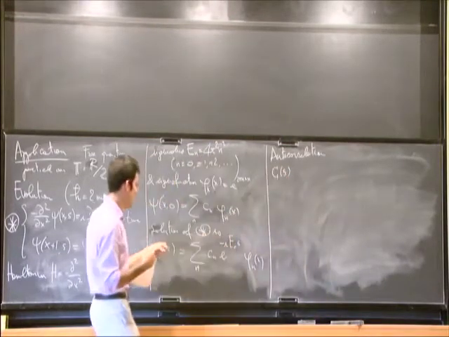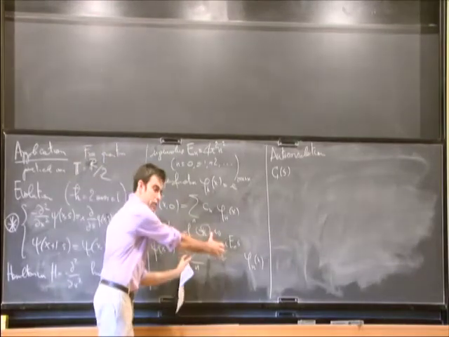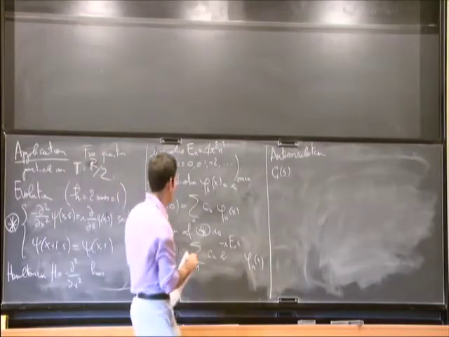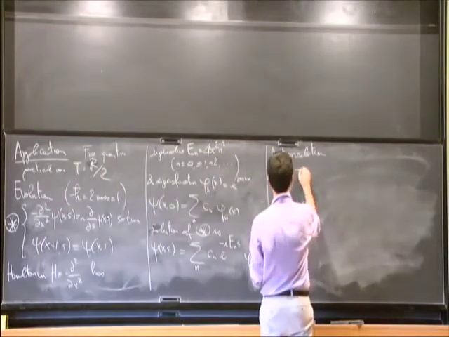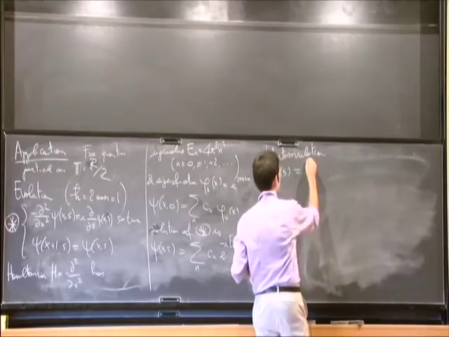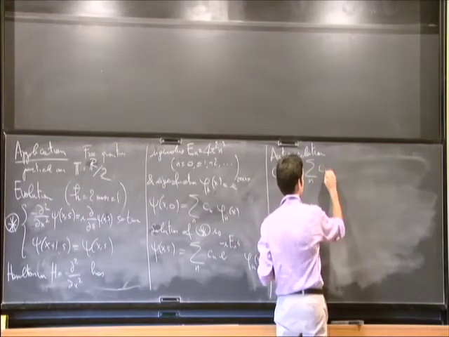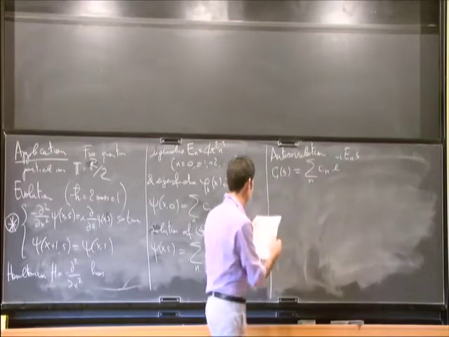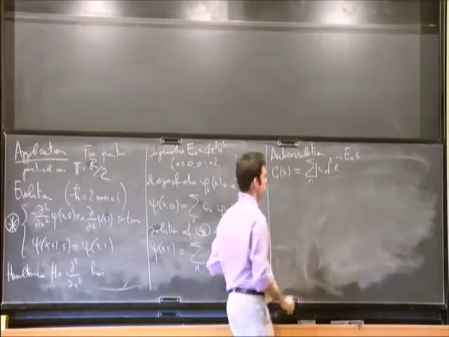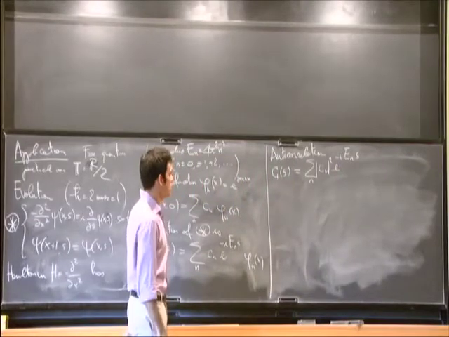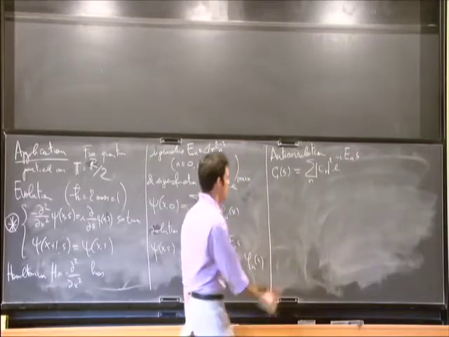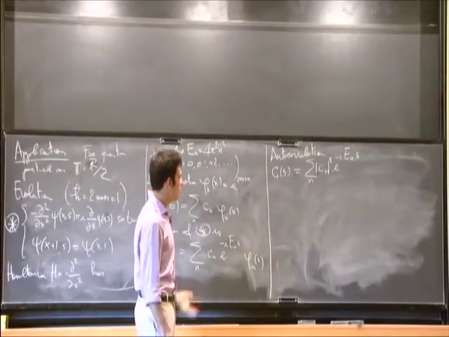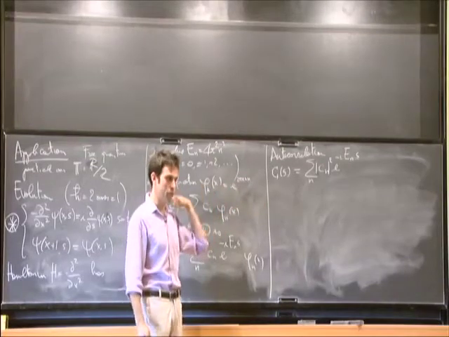In other words, we take the expectation of this operator with respect to the probability distribution given by the initial condition psi naught. So formally, what we look at is the sum of |C_n| squared e to the minus i E_n s. So this is the autocorrelation function, and basically it does what I just said. So it gives you somehow how much the particle remembers at time s of its initial condition.